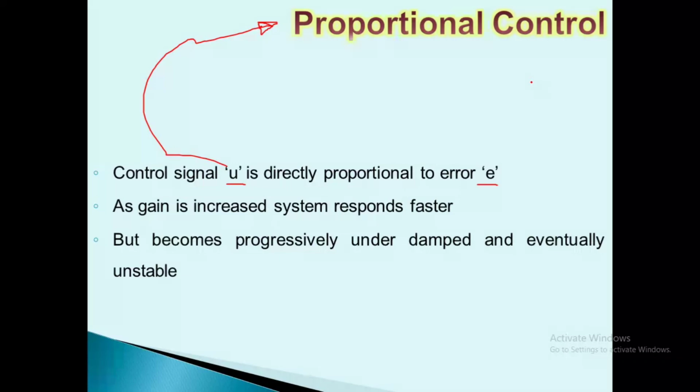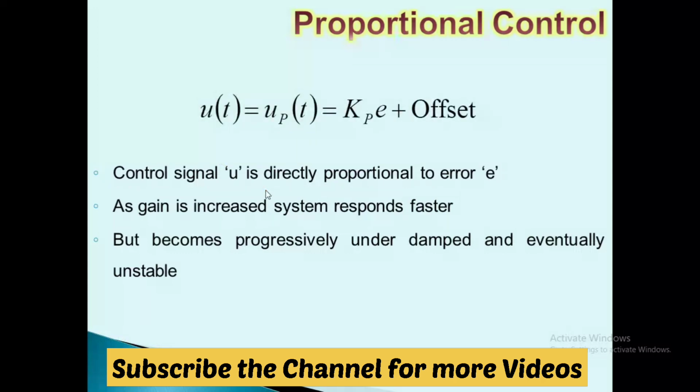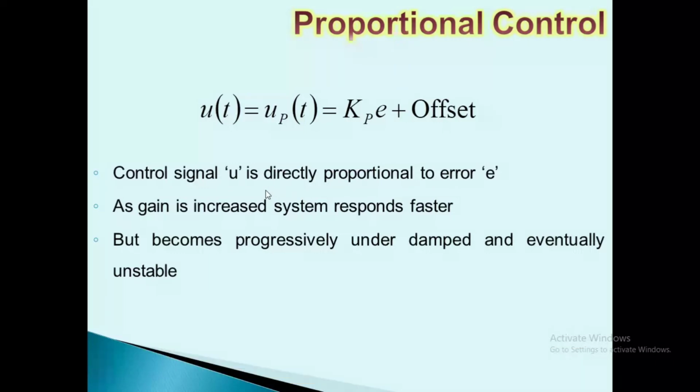While eliminating that error, the control signal tries to overcome the error by its control action, or by its control signal U. For proportional control action, your control signal U is directly proportional to error. In other control actions, there may be another relation, but in this proportional controller, the control signal U is directly proportional to error E. So here is the equation: U is directly proportional to error, and the proportionality constant is Kp.